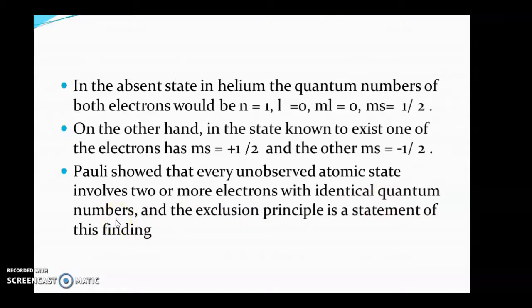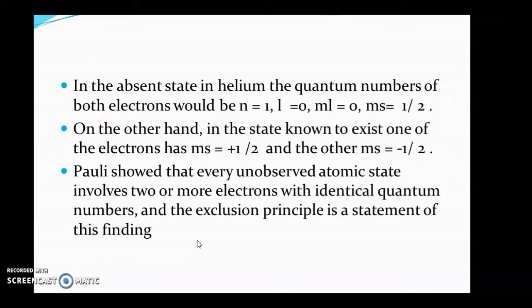So the spectral lines and the corresponding quantum numbers infer that these are states which involve two or more electrons with identical quantum numbers. Where electrons have the same set of quantum numbers, those lines are unobserved, and the exclusion principle is the statement of this finding.